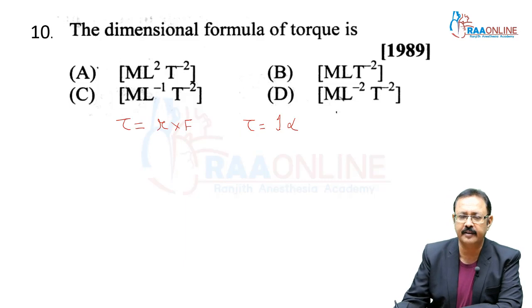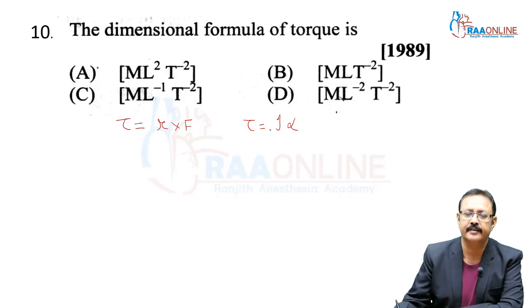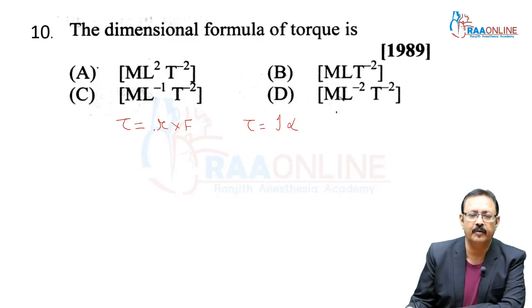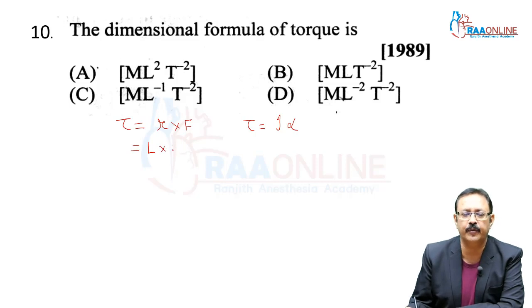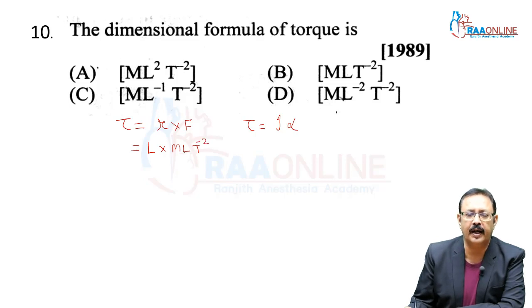From any result you can calculate this. R is length, so both are easy. F, force. What is force? M L T minus 2, mass into acceleration. So what are we getting? M L2 T minus 2.